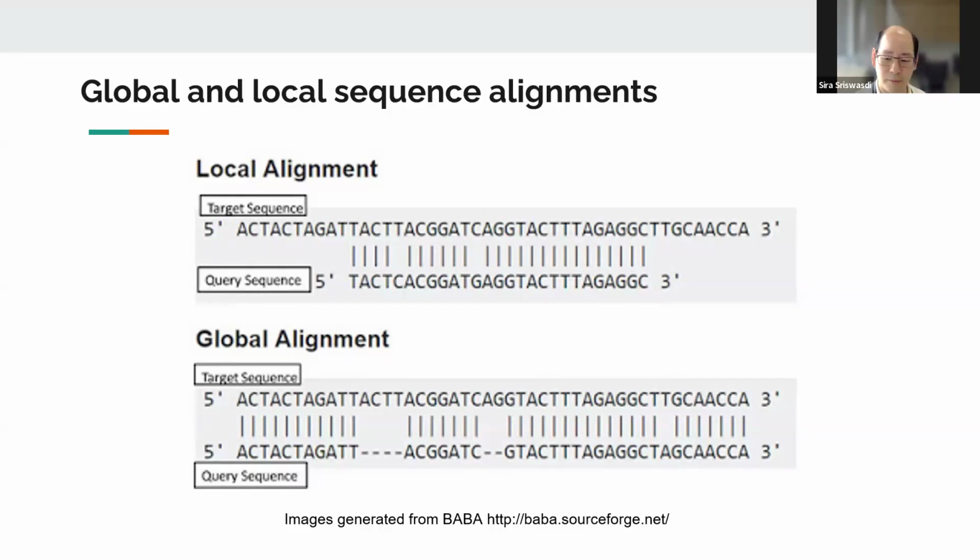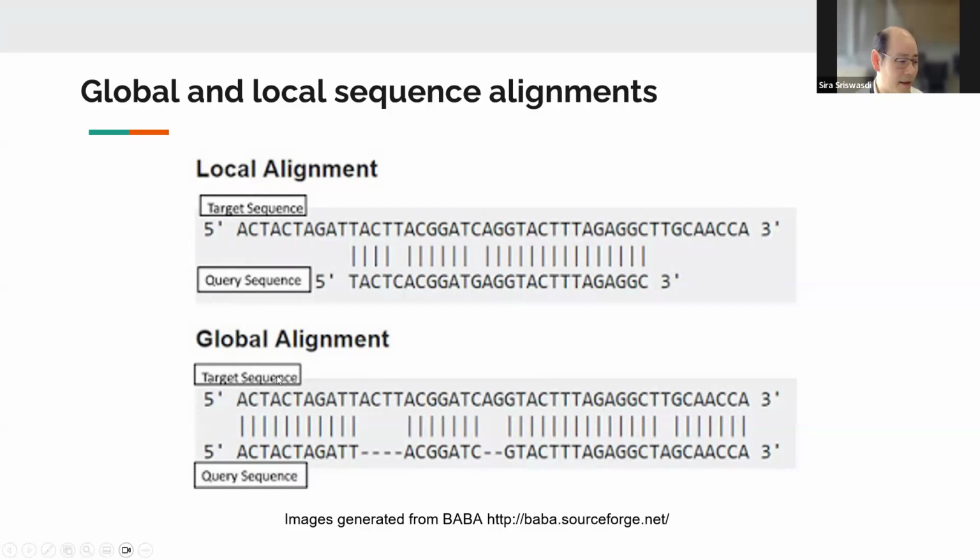And this doesn't have to be a perfect match. Your sequence might have some mutation that can deviate from the genomes in the database. So the sequence alignment algorithm has to be able to not only recognize perfect matches, but also when there are some mismatches or some insertion and deletion. The algorithm has to be able to calculate the similarity between your query sequence and the target sequence in the database.